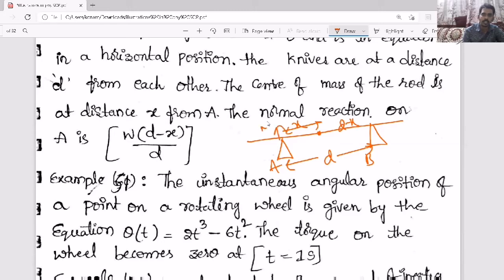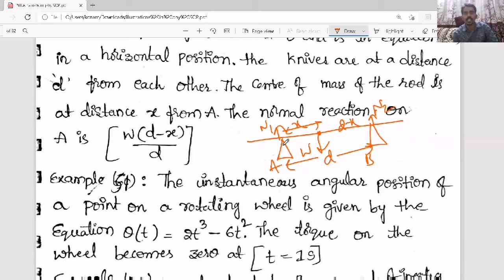Now if you consider this situation, here one normal reaction, here one normal reaction, and here one weight will act. So a total of three forces are acting, and as the system is in equilibrium, torque must be zero. But the question is about which point we should consider the torque about.